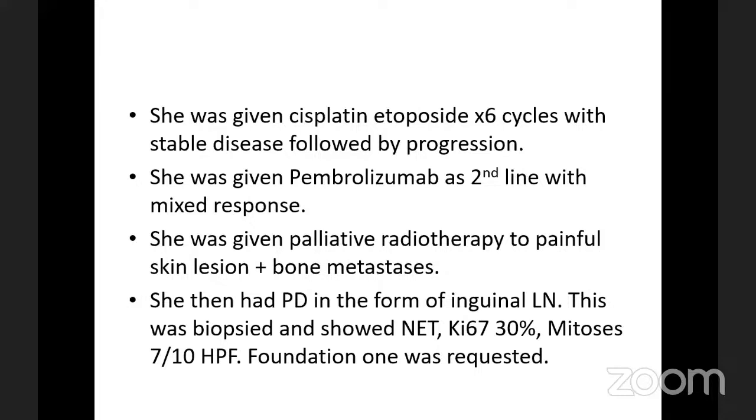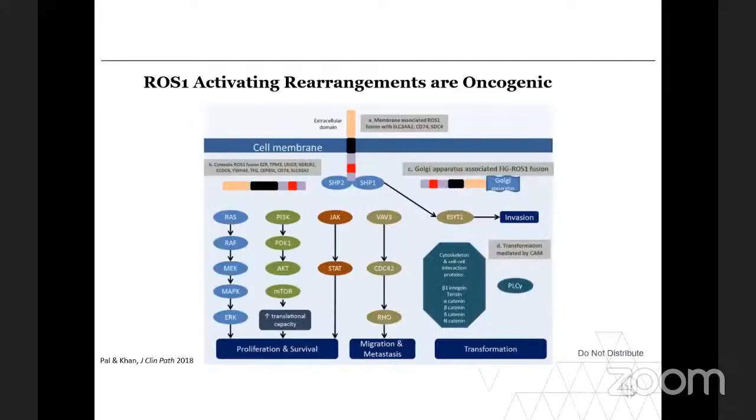And at that time, given the unusual course in terms of lack of any response to platinum-based chemotherapy, we decided to repeat the biopsy for pathology review again and for molecular study. And her pathology revealed a neuroendocrine tumor with a Ki-67 of 30%. And at that time, we requested Foundation One.